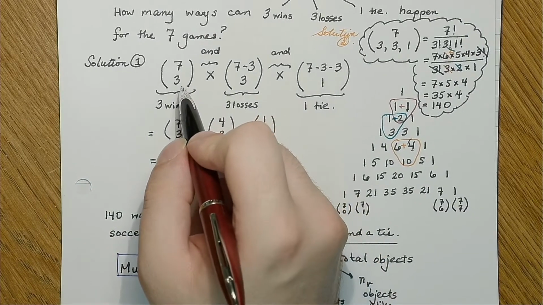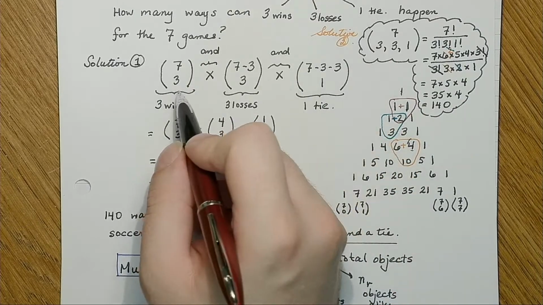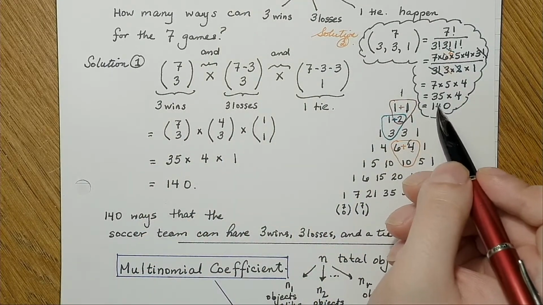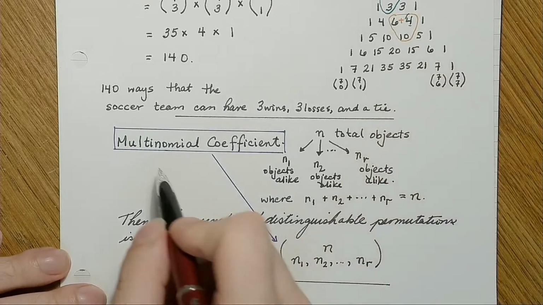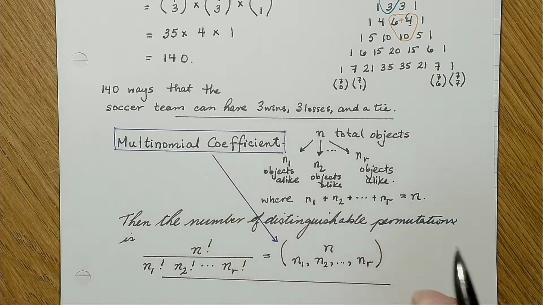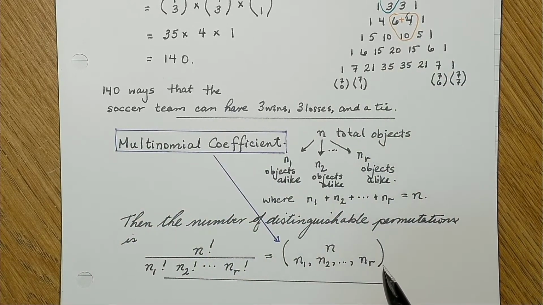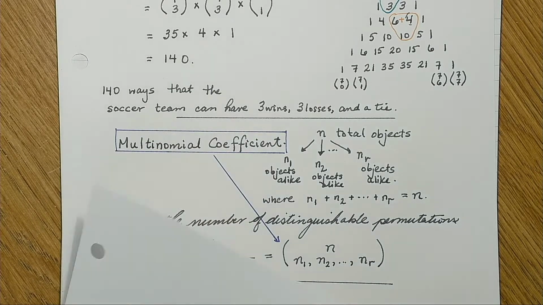But you can see that we have the binomials, and we had many of them, which is why they gave this nickname or the term multinomial coefficient. So again, some people find one way easier than the other.